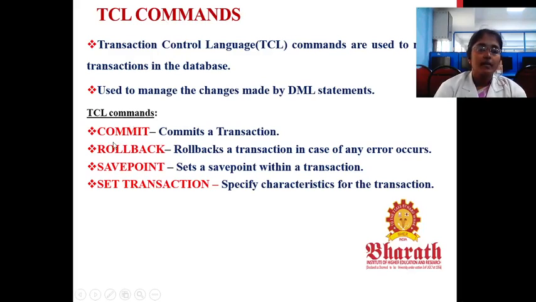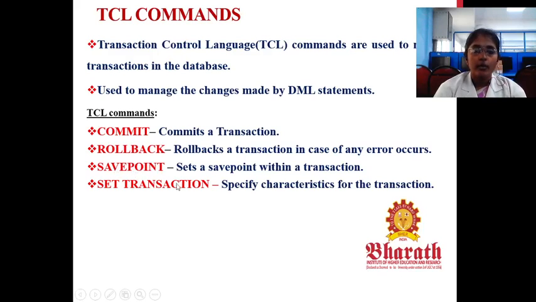So the TCL commands are commit, which means committing a transaction. Rollback means if any error occurs during the transaction, the transaction has to be restarted again. That kind of activity will be done using the rollback keyword.